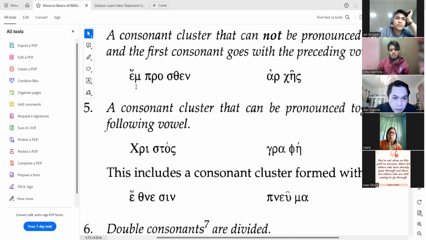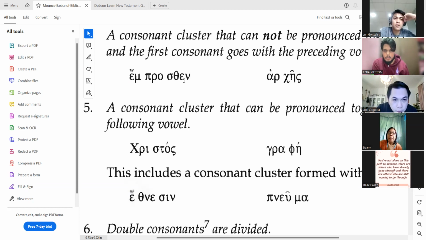Epsilon mu. A consonant cluster that cannot be pronounced together, and then the first consonant goes with the preceding vowel. So notice that the accent is in the epsilon in the beginning of the word. Emprosten.